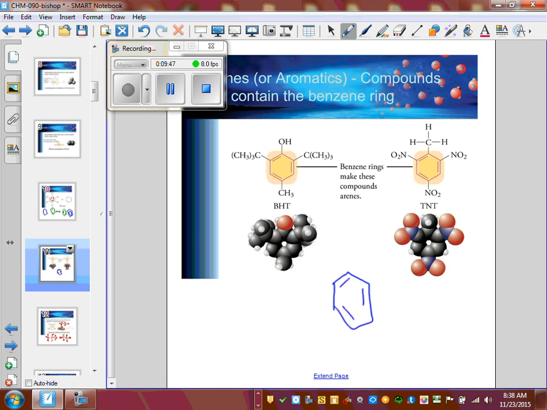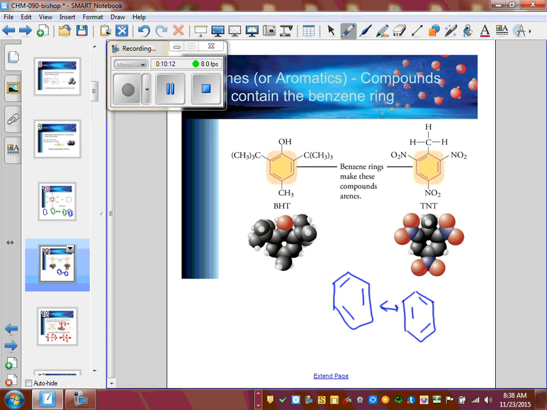And it looks like alternating double bonds, but it really isn't alternating double bonds. The bonds flip over and around and just keep circulating. So each of these bond lengths is 1.5 bonds long.